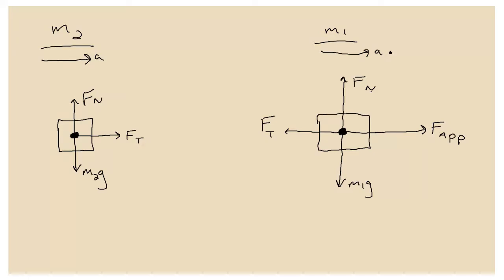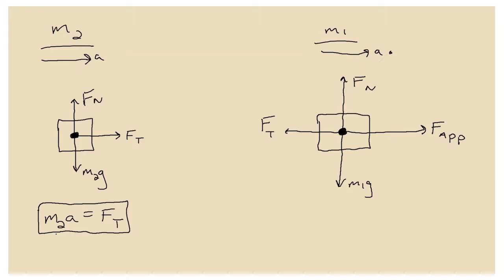And so again, to write our equation, we take MA, and because this is M2, we'll call it M2A, and it's equal to the forces going in the direction of the acceleration, Ft, minus the forces going in the opposite direction. Since there are no forces going in the opposite direction, that's it. We have M2A equals Ft.